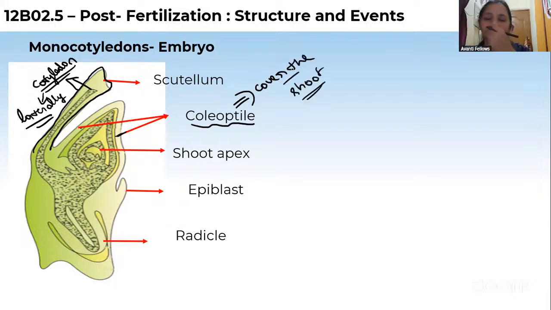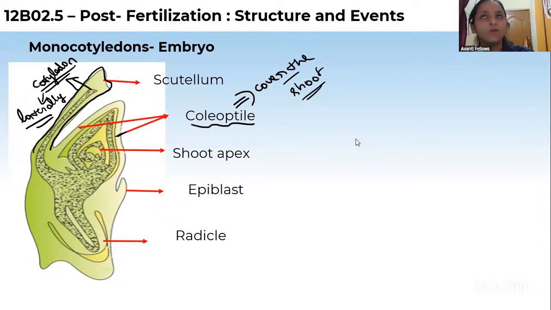I think you have studied about the coleoptile in canary grass. In which chapter have you studied, guys? In 11th, you have studied about the coleoptile. Yes or no? Very good, JNV Hyderabad. Very good, Nikita. In which chapter did you study coleoptile, guys?